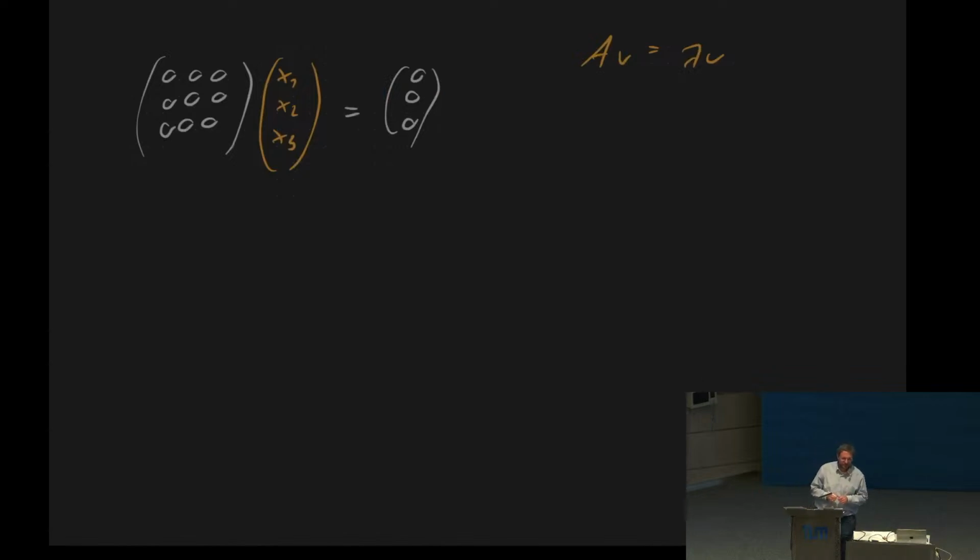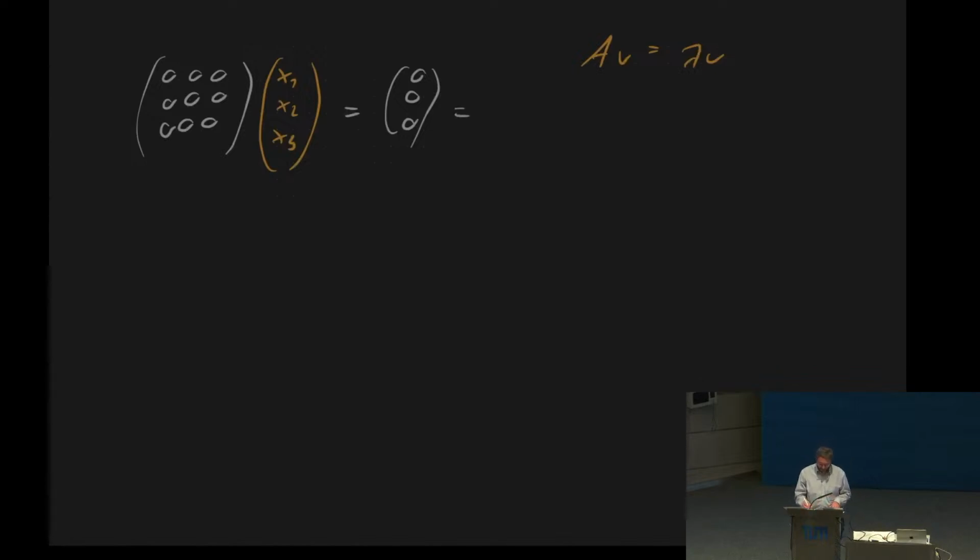Remember, what we need is AV is lambda V. Now, if we take any V, like x1, x2, x3, and multiply that with that matrix, what's the result? Well, of course, that's always going to be (0, 0, 0), no matter which V we input.